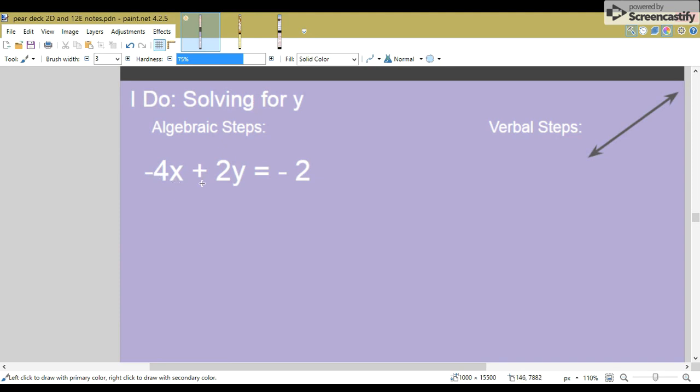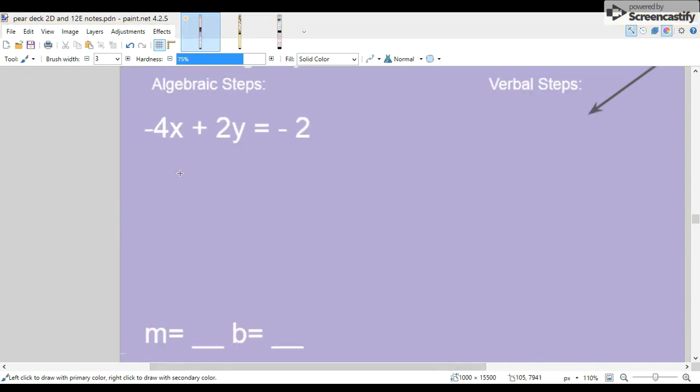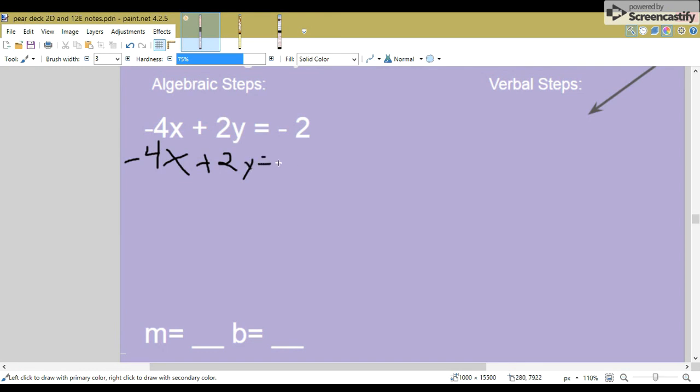Negative 4x plus 2y equals negative 2. We're going to solve for y. So the first thing we want to do is rewrite our equation with some space for x.